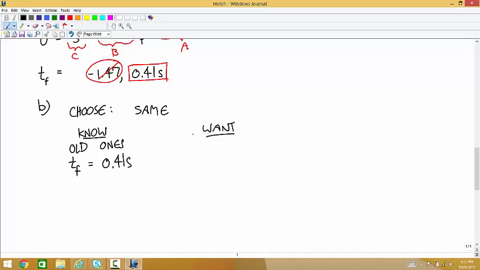And we want to calculate PFX. So I think this equation will work. PFX is equal to PIX plus VIX TF plus 1/2 AX TF squared. So let's go through this and make sure that it works.